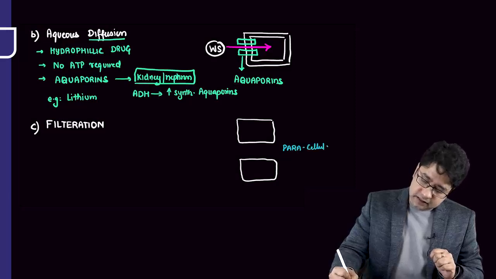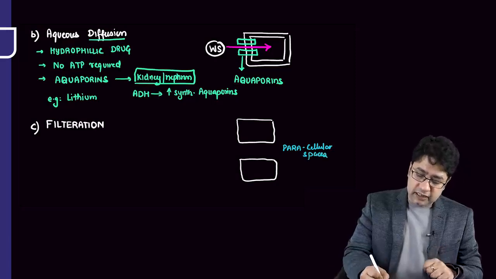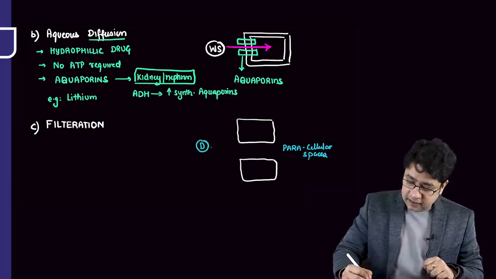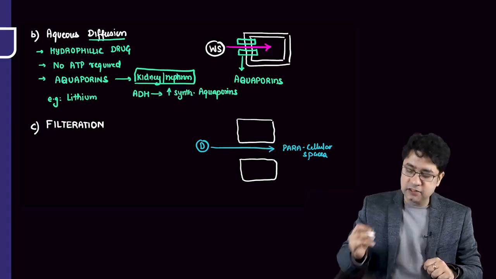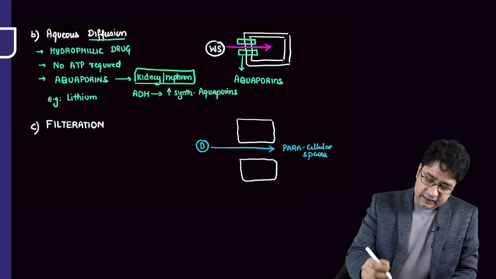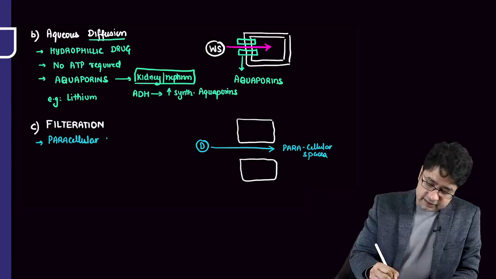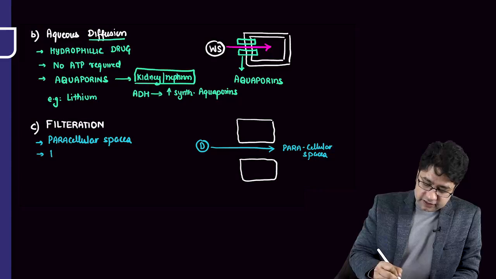Paracellular spaces means the space between two cells. So in filtration, a drug crosses the barrier by paracellular spaces. So we will write in filtration, it occurs through paracellular spaces. Again, it is a passive process, no ATP is required.